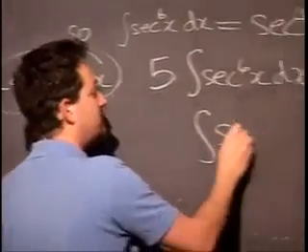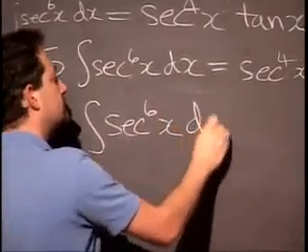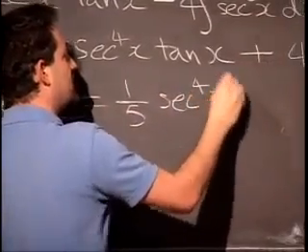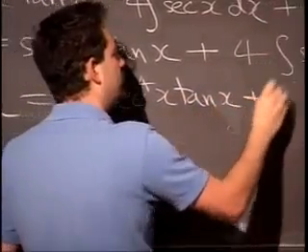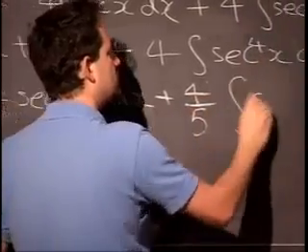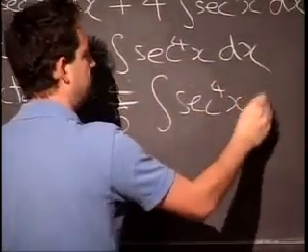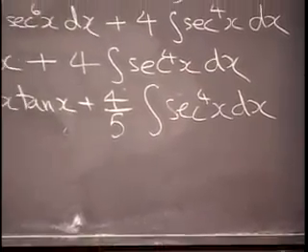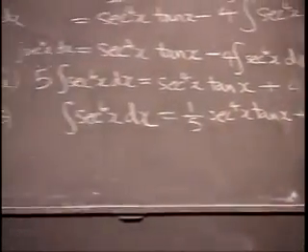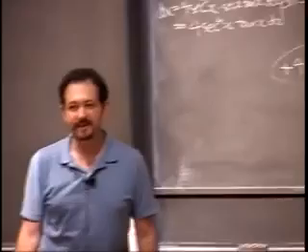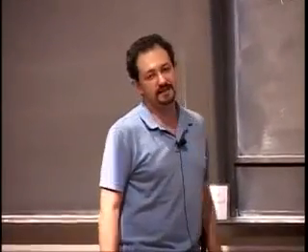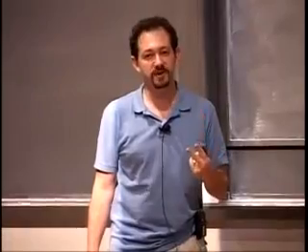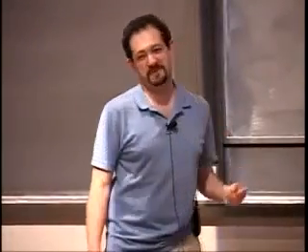And you get the 6th power is 1/5 secant to the 4th x tan x plus 4/5 the integral of secant to the 4th x. All right, as a result of all this, we have once again knocked down the power by 2. We started off with the 6th power. Now we have a 4th power.